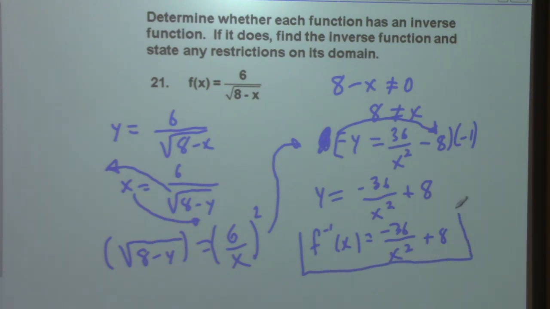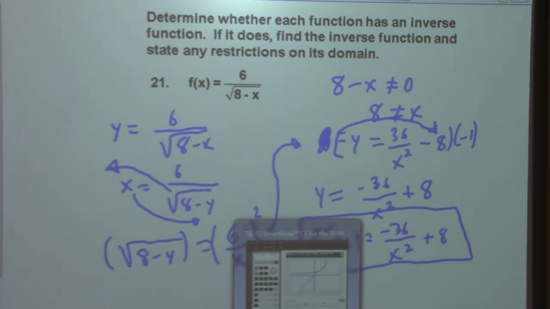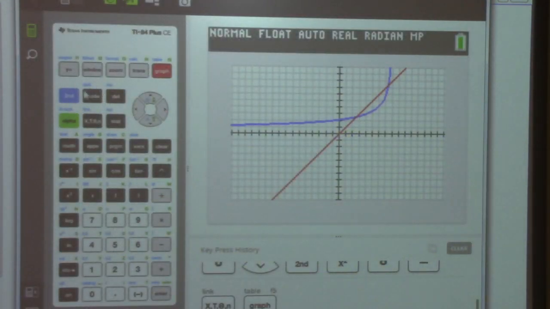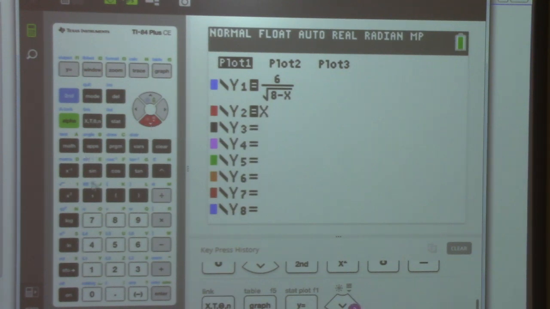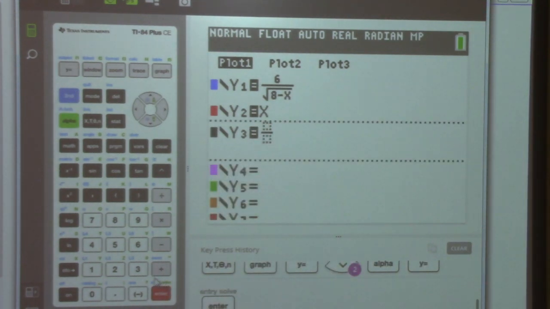Did anybody graph that in the calculator yet? Yeah, I did. You did? Does it work out? Oh, wait, which one? This one here, no, I didn't. 21? Okay, I'm going to do that. So we have negative 36 over x squared, is it plus 8?